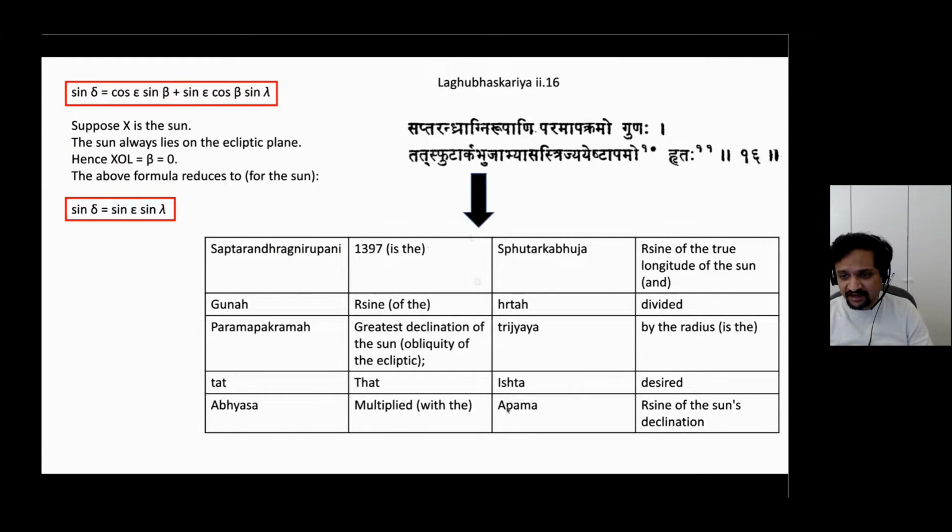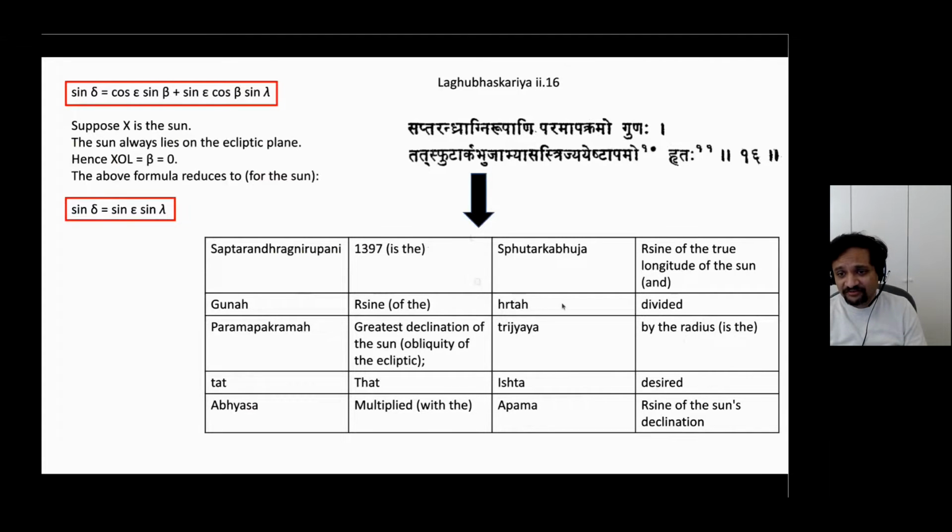Ishta is desired, and Apama is the R sine of the sun's declination, R sine of delta. So this means R sine delta is equal to R sine epsilon sine lambda. This is how this Sanskrit verse can be understood in today's terminology to stand for this formula.